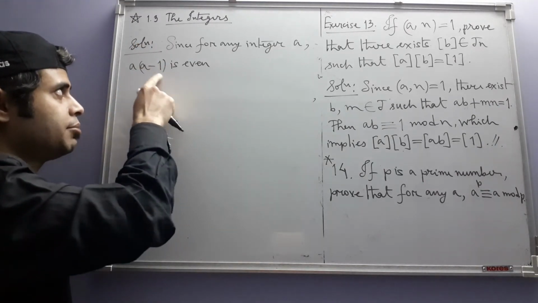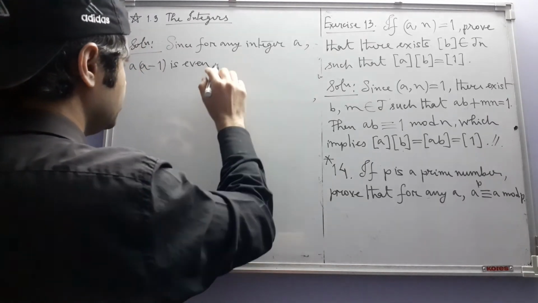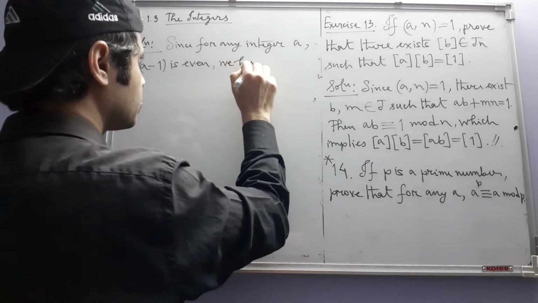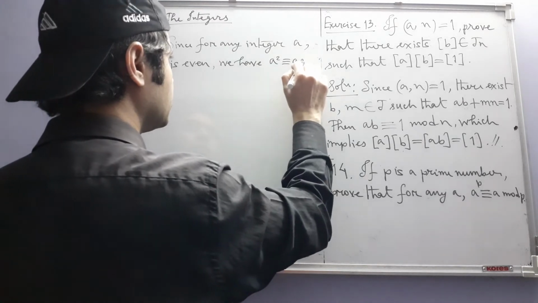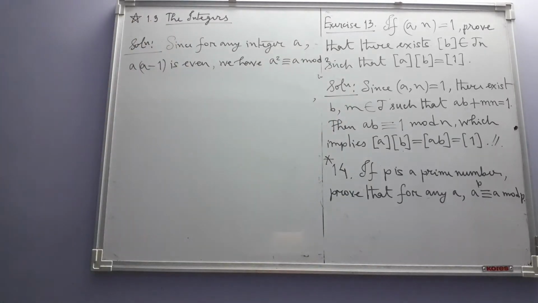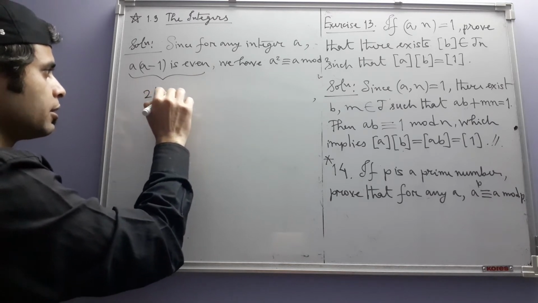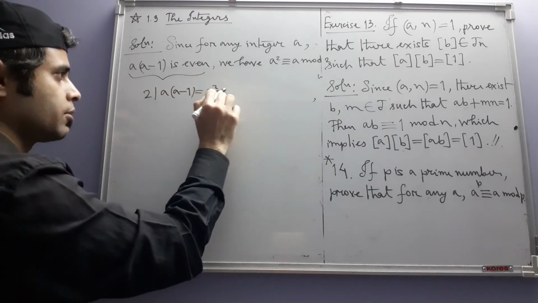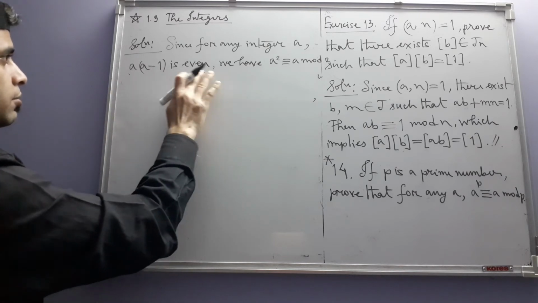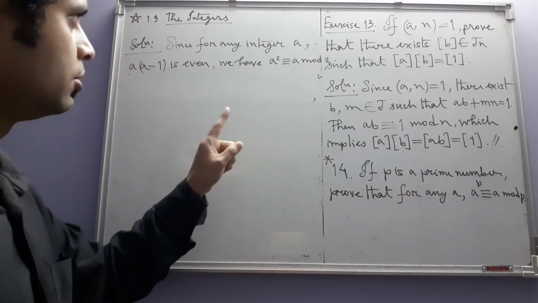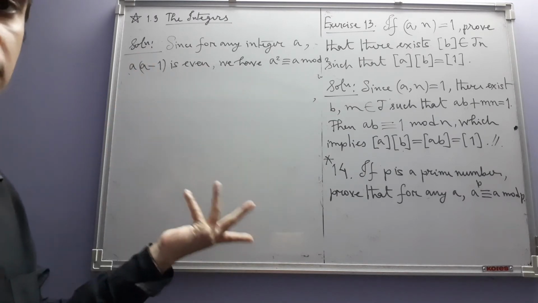If a is odd, then a minus 1 is even. So again this product is even. So it's always even. Since for any integer a this is even, we have a square congruent to a mod 2. Do you see how this follows from this? This means 2 divides a times a minus 1, or a square minus a. That's why a square is congruent to a mod 2. So it just means that the result is true for any integer a and p equal to 2. For that particular prime, the only even prime, the result is true, just like that.